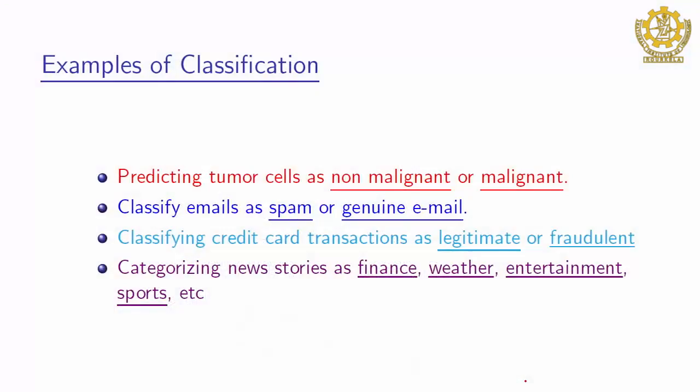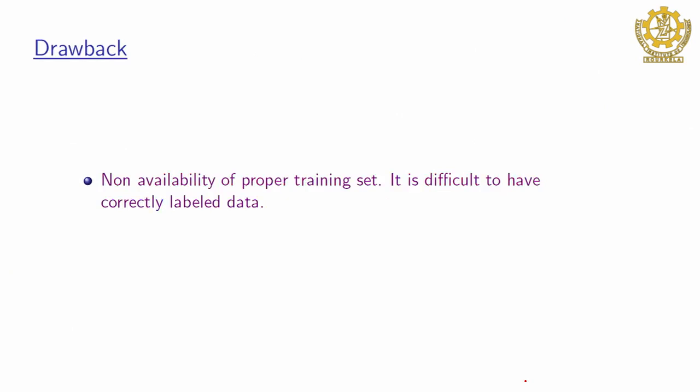In most cases this training data set is built by human beings, so there is a high chance of error, and in new applications it is really difficult to get labeled training data. This is the major drawback of classification: the non availability of proper training data, and it is difficult to have correctly labeled data in many applications.